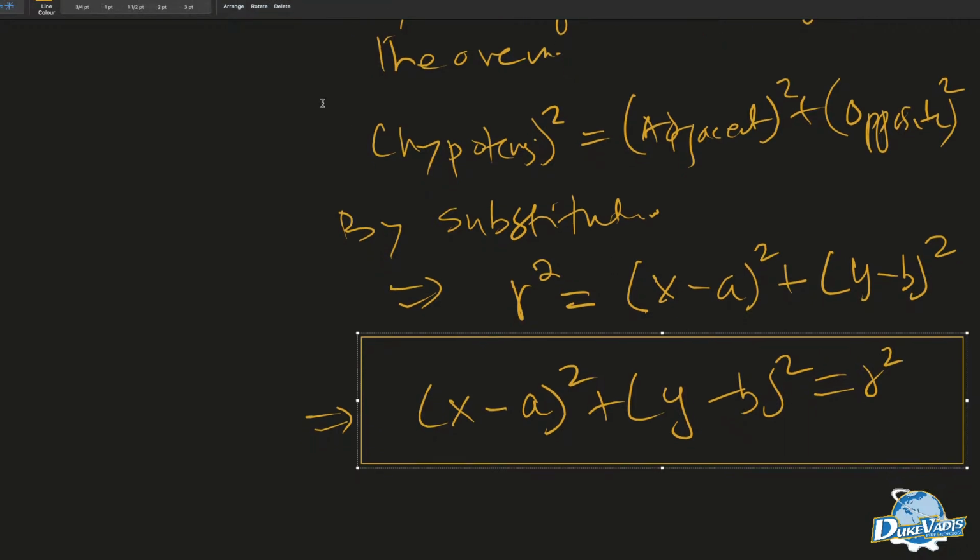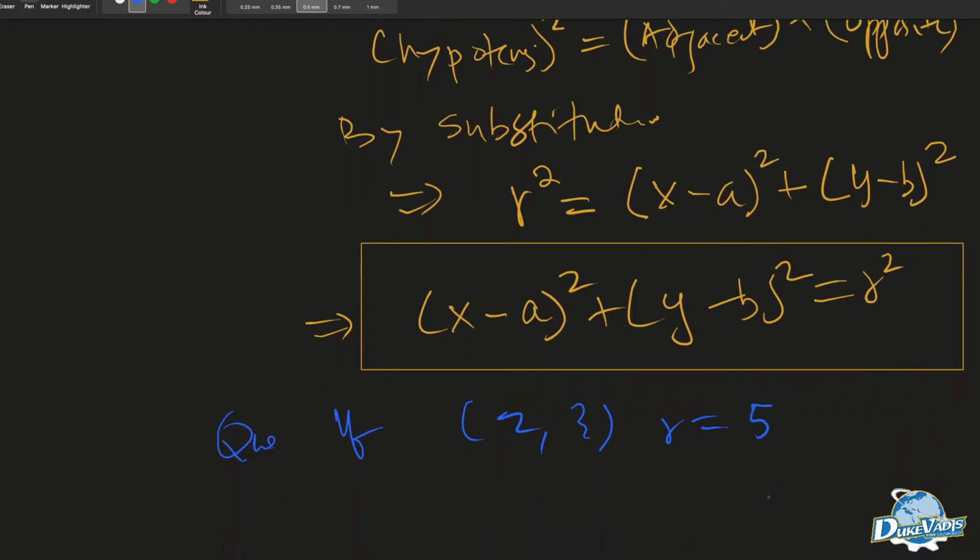So now, for instance, if we've been given known values, then we'll be able to derive an equation. For instance, if we have a question where the center coordinate is (2, 3) and the radius is 5, then definitely we are able to write the equation of a circle with ease. So let's see.